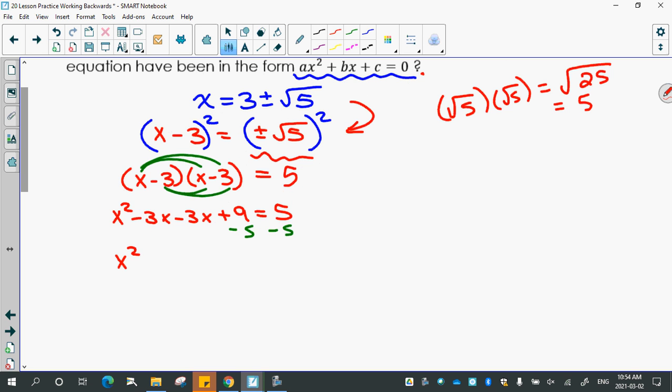So our equation would have been x squared minus 6x plus 4 equals 0 as roots. X equals 3 plus or minus root 5. Okay. Any questions about that one?